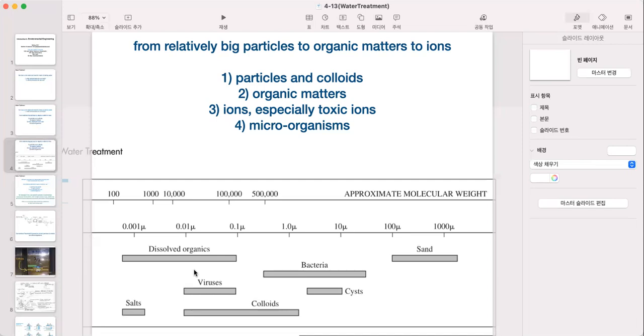Okay. How about the coagulation? So getting back to coagulation. Colloids are stable. We define colloids as stable in that they are suspended almost forever.